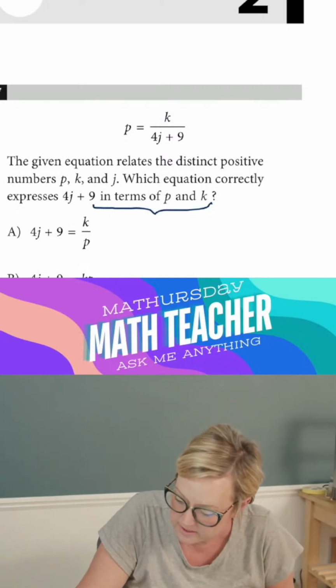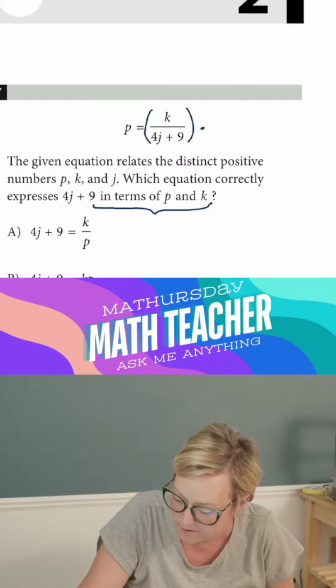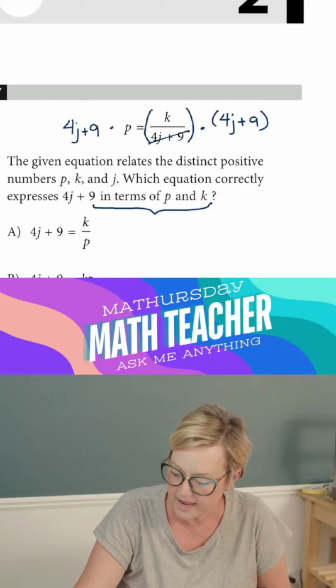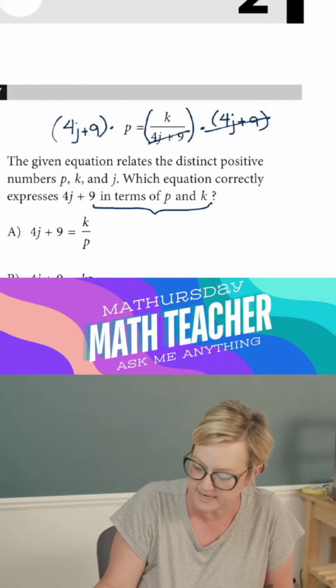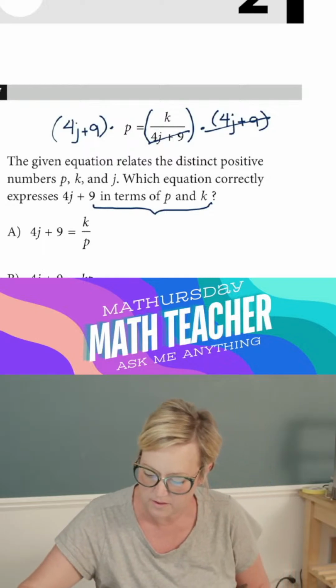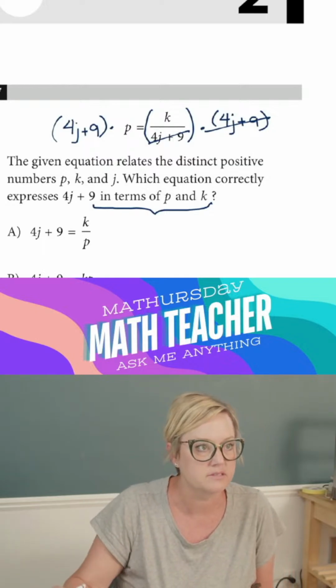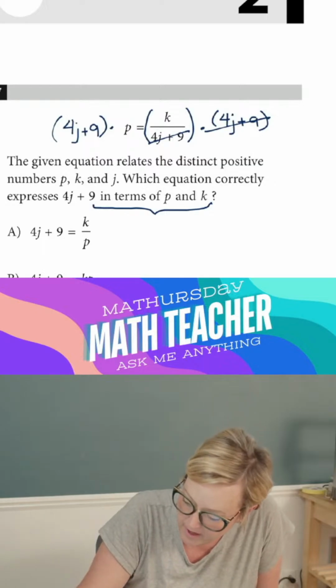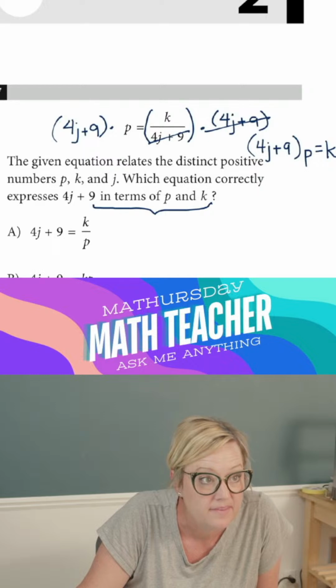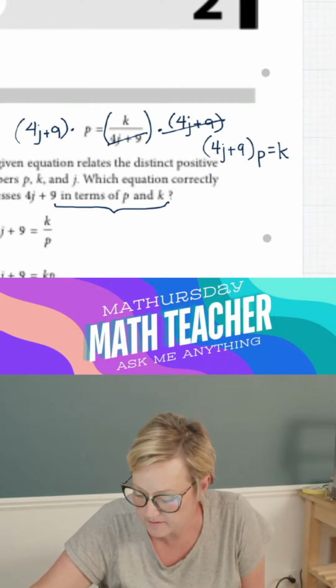So what I'm going to do is multiply. I need to get that 4J plus 9 out from underneath, so I'm going to multiply by 4J plus 9 on both sides. These are going to cancel out, and then I've got 4J plus 9 times P equals K. I know it's going off to the side, but I'll move over a little bit.